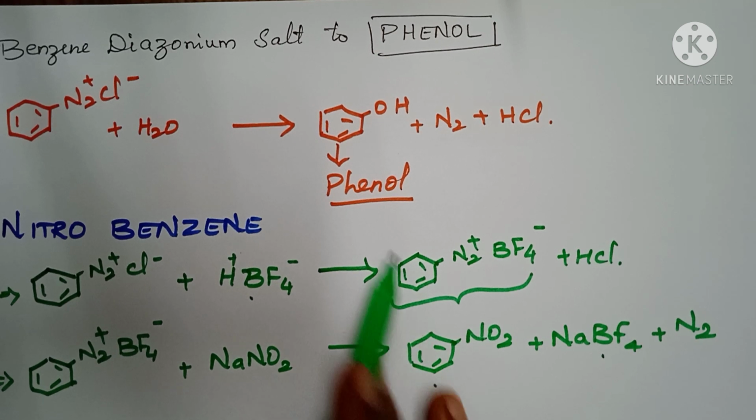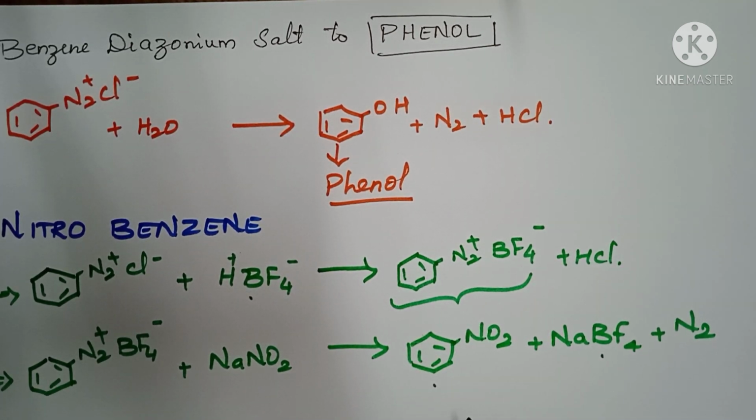All these products we have seen. Thus, the replacement of the diazo group by other groups is helpful in preparing those substituted aromatic compounds which cannot be prepared by direct substitution in benzene or substituted benzene.